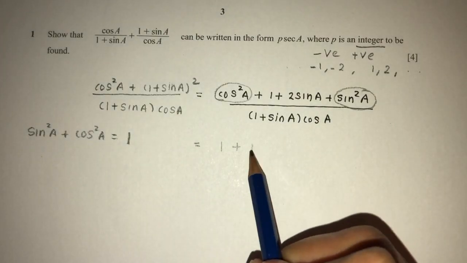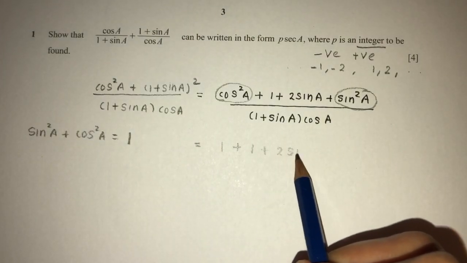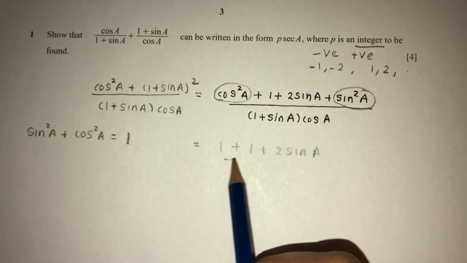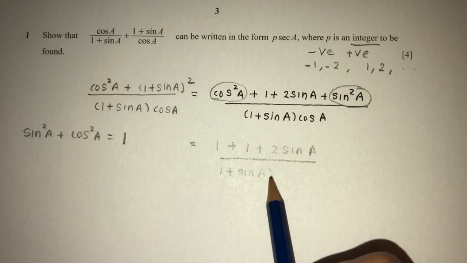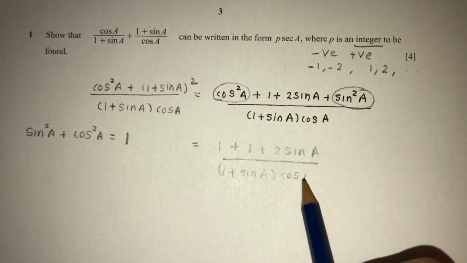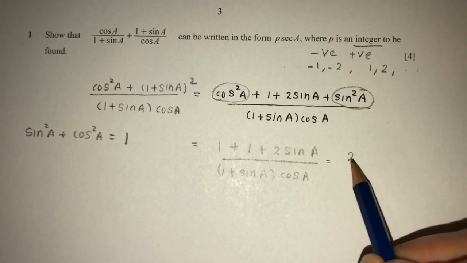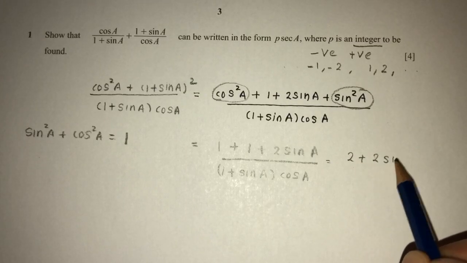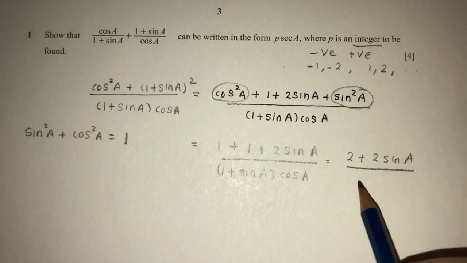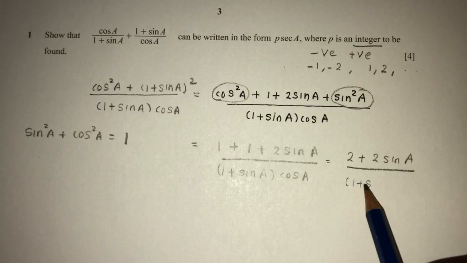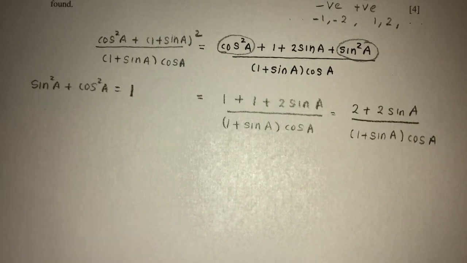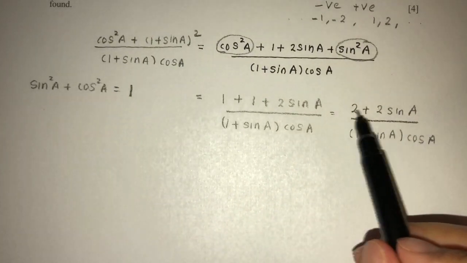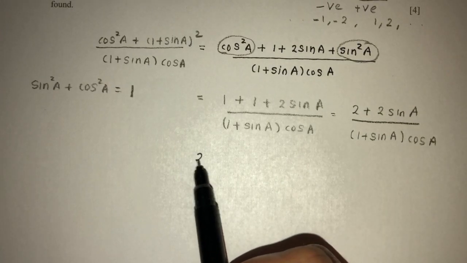Okay, so 1 plus 2 sine A over 1 plus sine A cos A. That will be 2 plus 2 sine A over, same thing again, so just leave it the way it is for now, cos A. Now if you realize for the numerator, we have a common factor, so we have 2 and 2, we can take 2 outside.